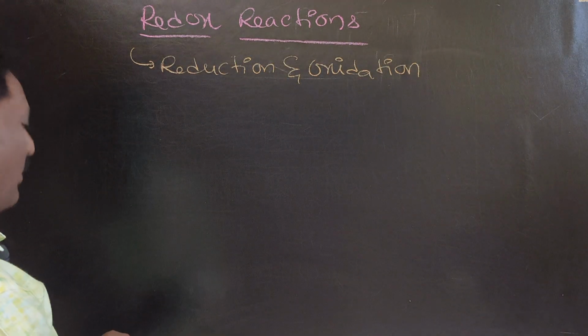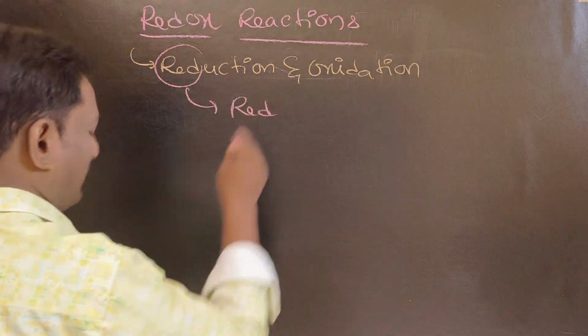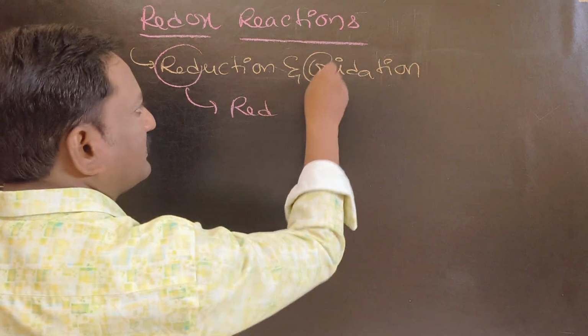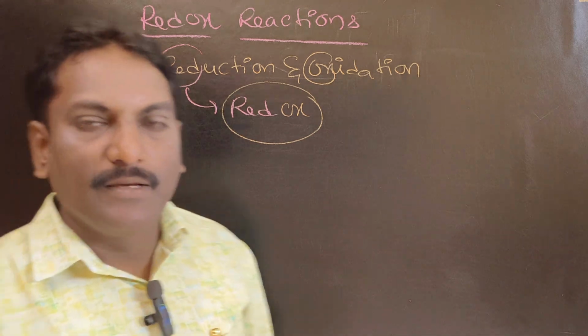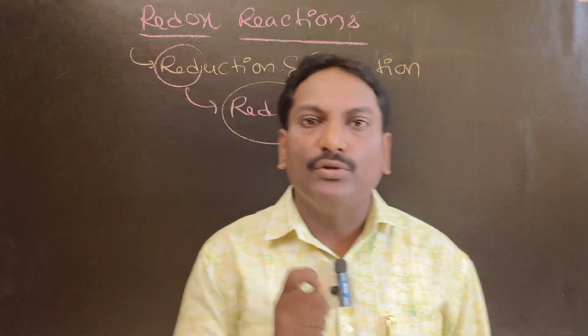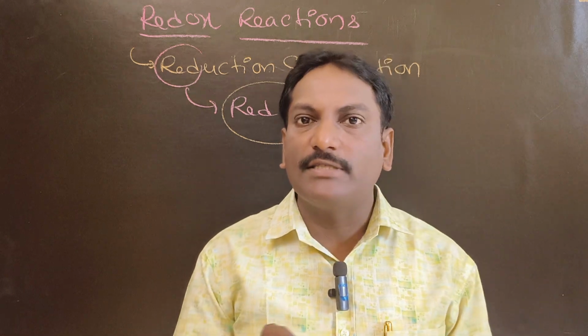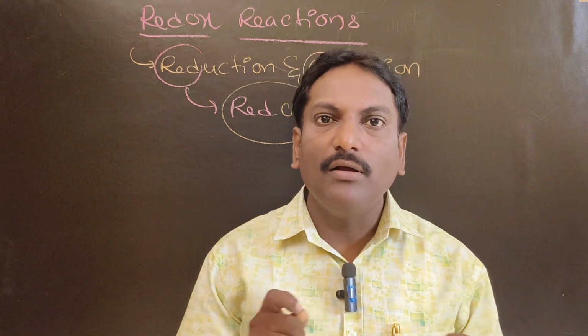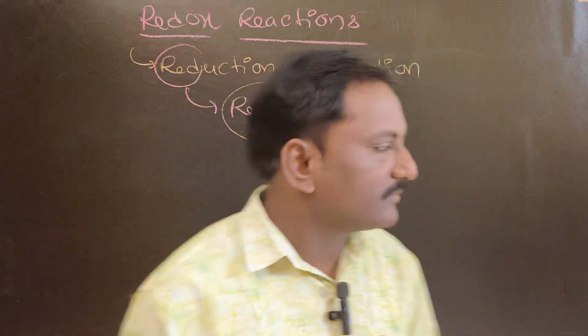From reduction, they have taken RED, and from oxidation, they have taken OX, and collectively it is called redox reactions. Those reactions in which reduction and oxidation occur simultaneously are called redox reactions. Is it clear?